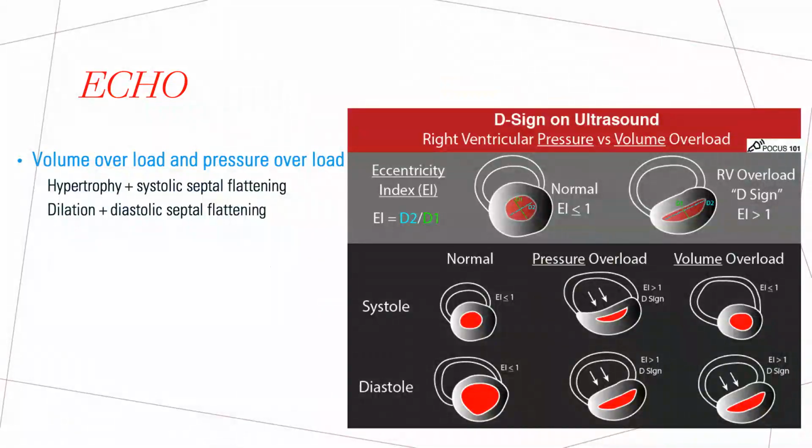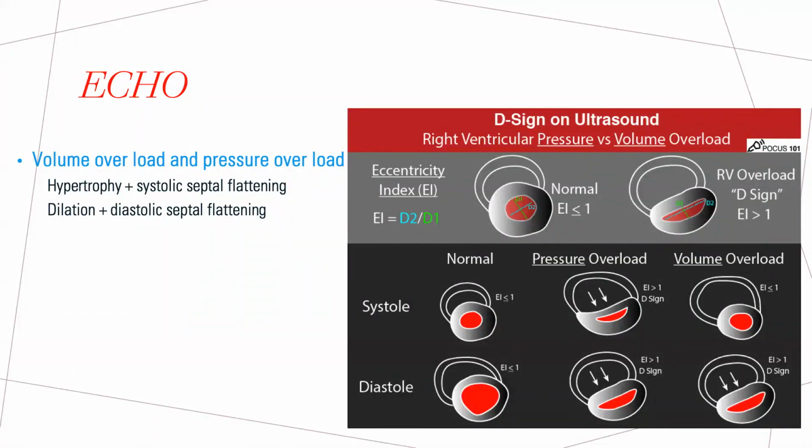Another very important help from echo is to differentiate, not only acute and chronic, but whether this RV failure is related to volume or pressure overload. In volume overload, we find flattening of the septum in diastole.